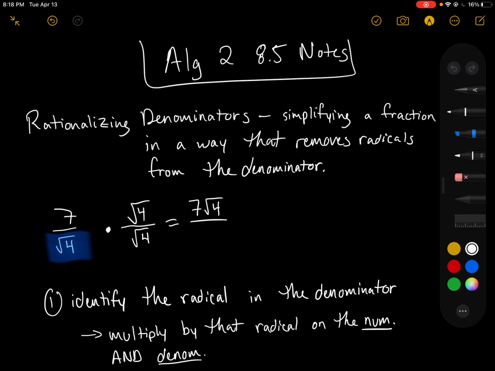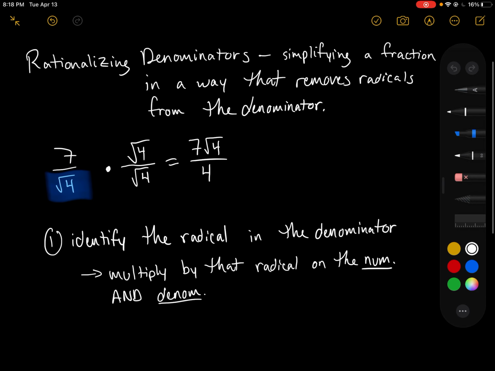So a common mistake would be to do just one. We have to do this root 4 on both the top and the bottom. So when we do this, we're going to have 7 root 4 on top and then just 4 on the bottom.